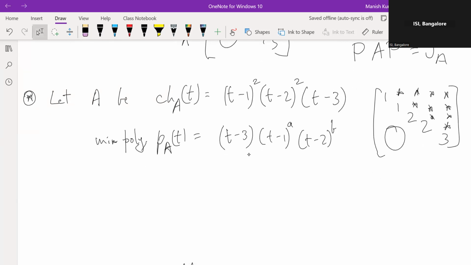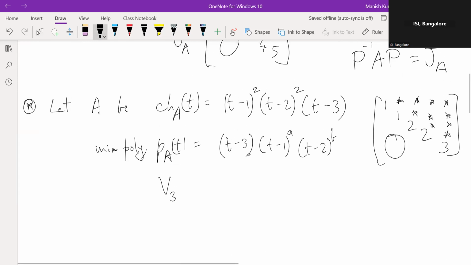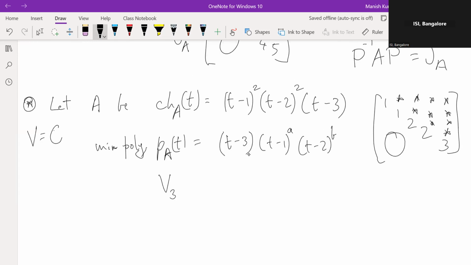So as soon as we know the minimal polynomial, if you look at V3, V is what? V is C5. So our matrix is acting on a 5-dimensional vector space over the complex numbers, so column vectors of length 5.